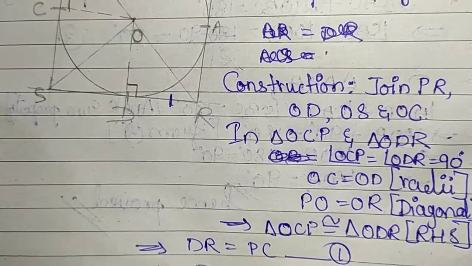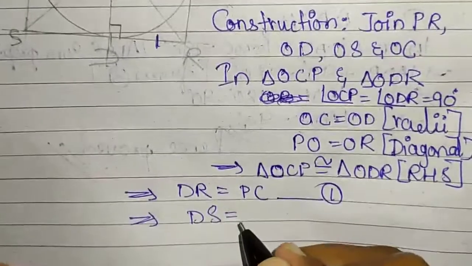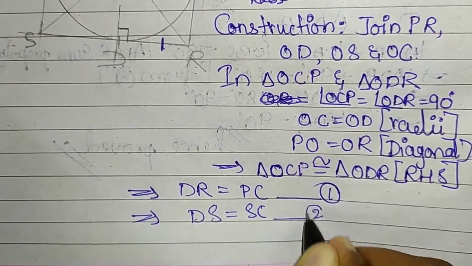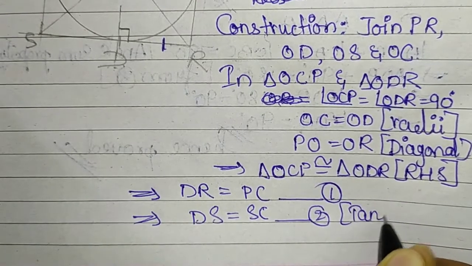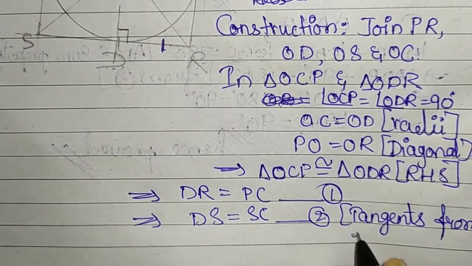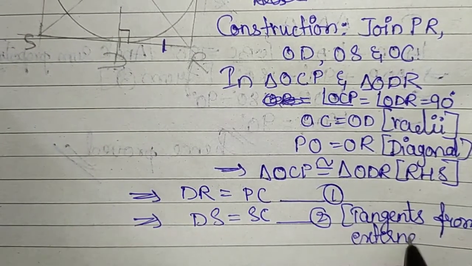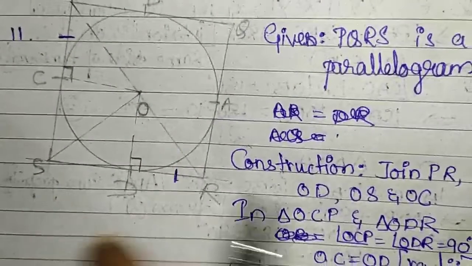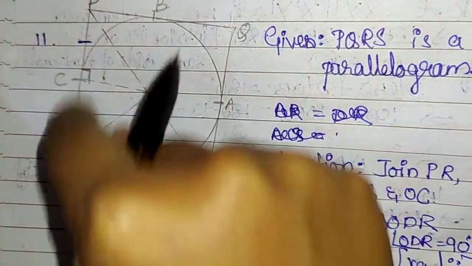And similarly, DS is equal to SC. This is the second result, because they are tangents from an external point. See here, S is the external point. So DS is equal to CS.